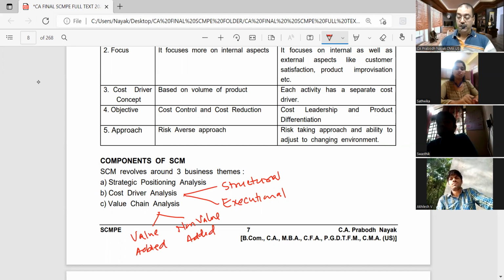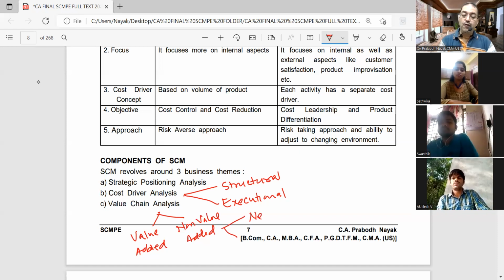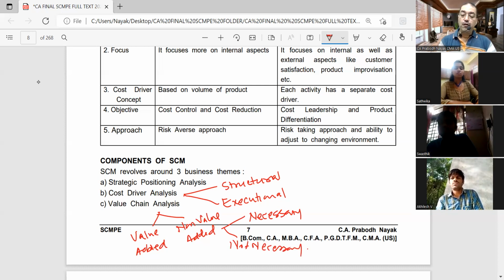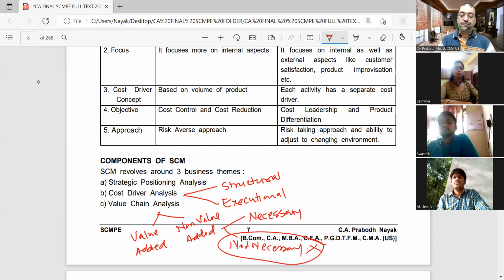Non-value added activities can be further classified into two parts: one which is absolutely necessary but non-value added, and the other one which is not necessary. Whatever is not necessary has to be eliminated. Non-value added, not necessary, should be eliminated.